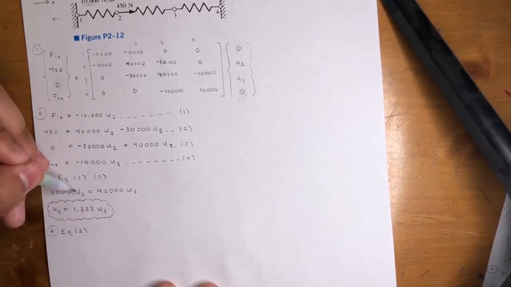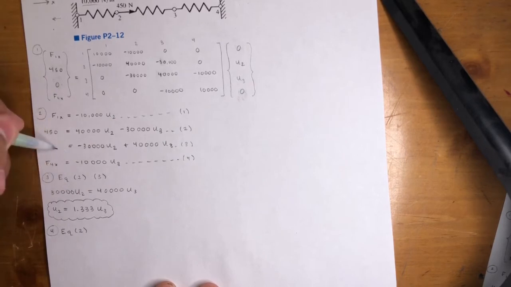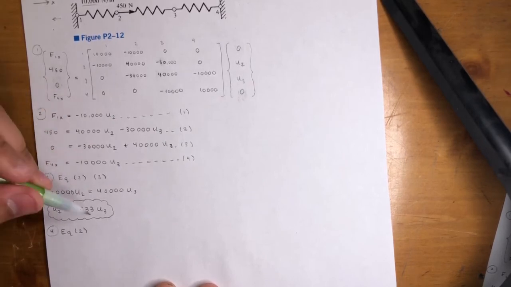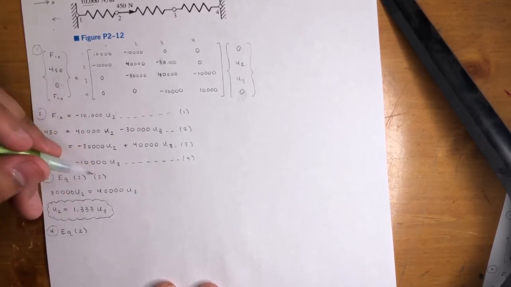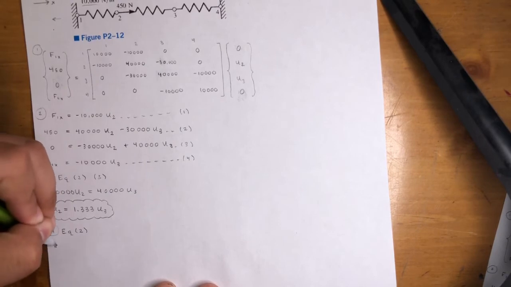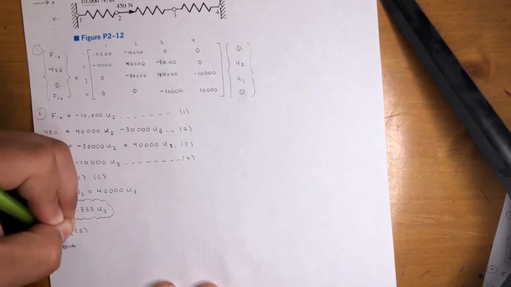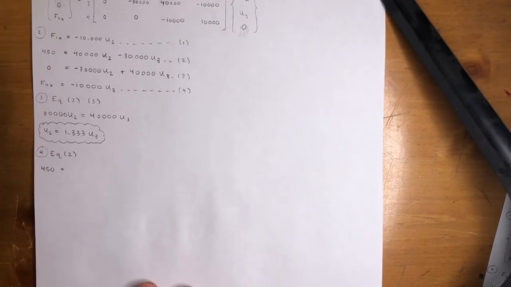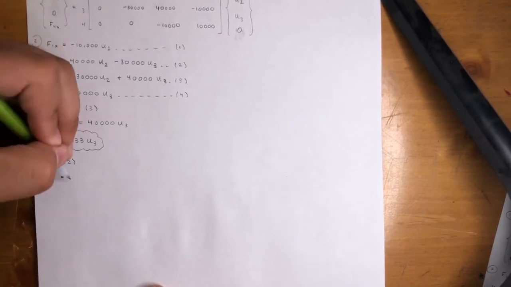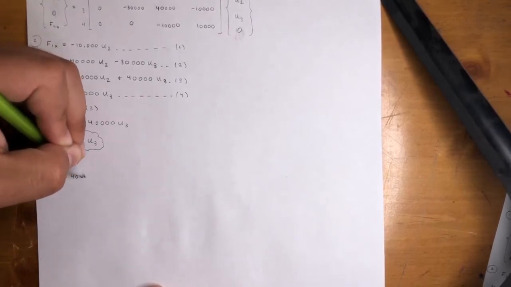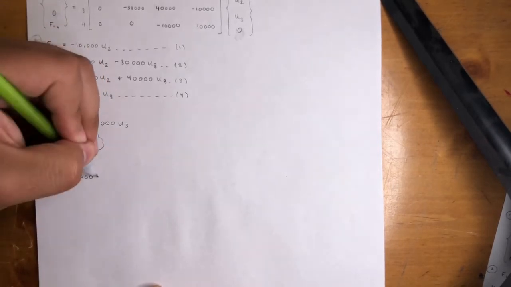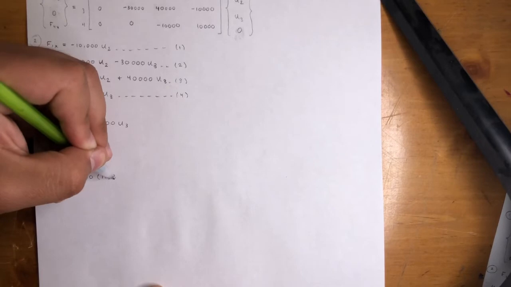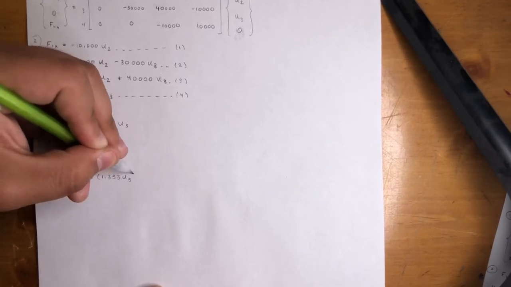So I'm going to use this relationship to plug it into equation 2. This was equation 3, right? I just moved it here, divided by 30,000. Now I'm going to plug this right into here, so I'm going to have everything in terms of u3, and then I can solve for it. So I'll have 450 is equal to 40,000 times u2, but u2 is 1.33 u3, right?